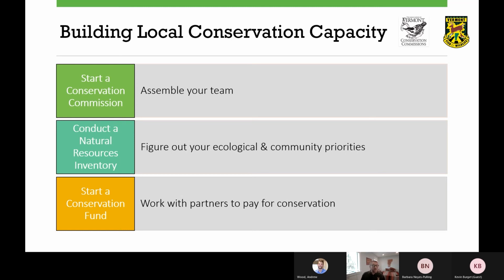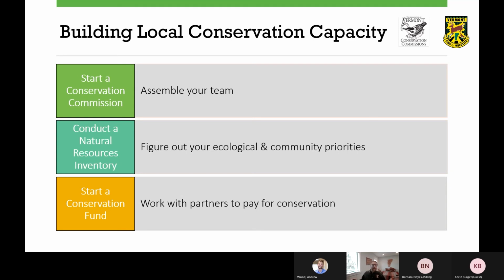As your commission becomes more advanced, we suggest working to start a conservation fund as a way of working with partners to actually pay for conservation. All three of these sessions are recorded and available to you both through the department's webpage as well as ABCCC, the Association of Vermont Conservation Commissions.